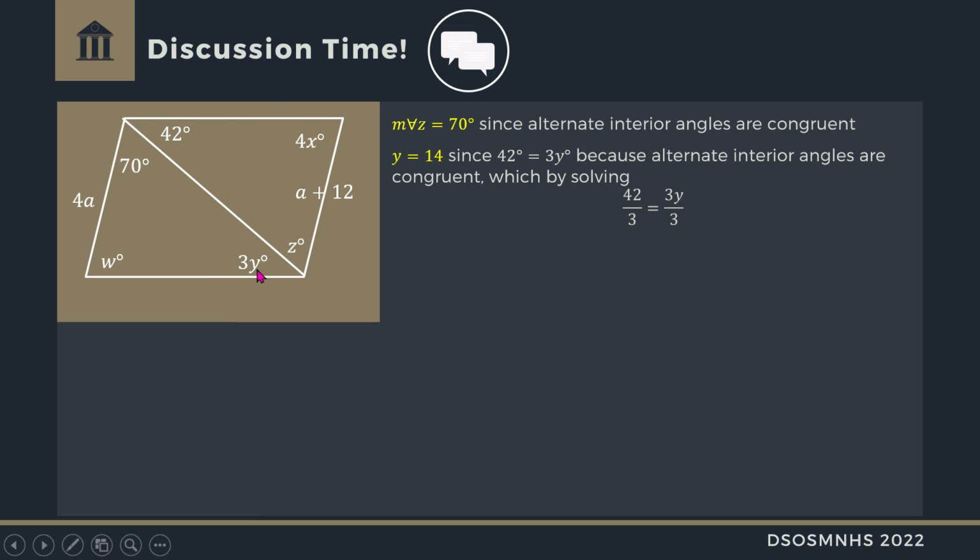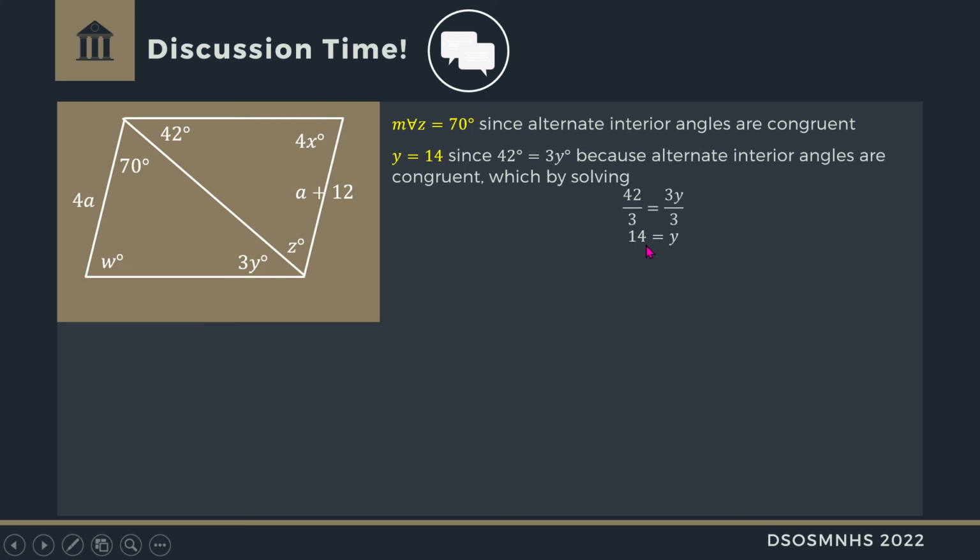So 42 equals 3y. To solve for y, divide 3 on both sides. Therefore, we cancel 3. Ang nahabilin is y. Then 42 divided by 3 is 14.